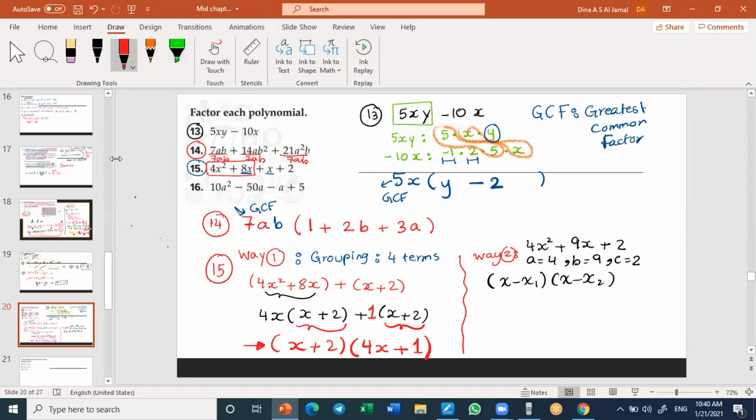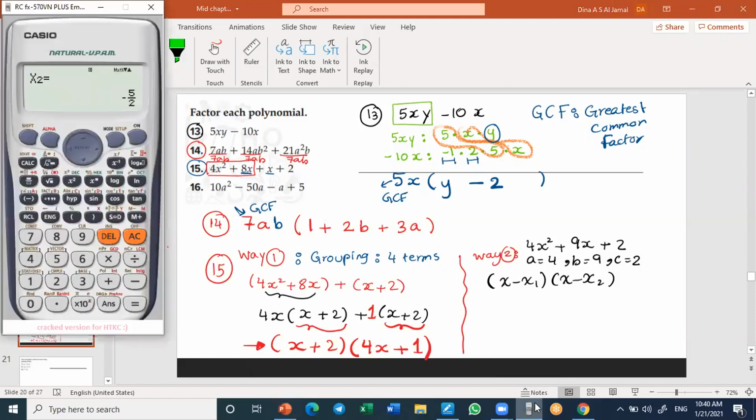Let's go to the calculator and put the numbers. So mod 5, 3 again. So your first number is 4, then 9, then 2. So your first factor minus 1 over 4 and the other factor minus 2.